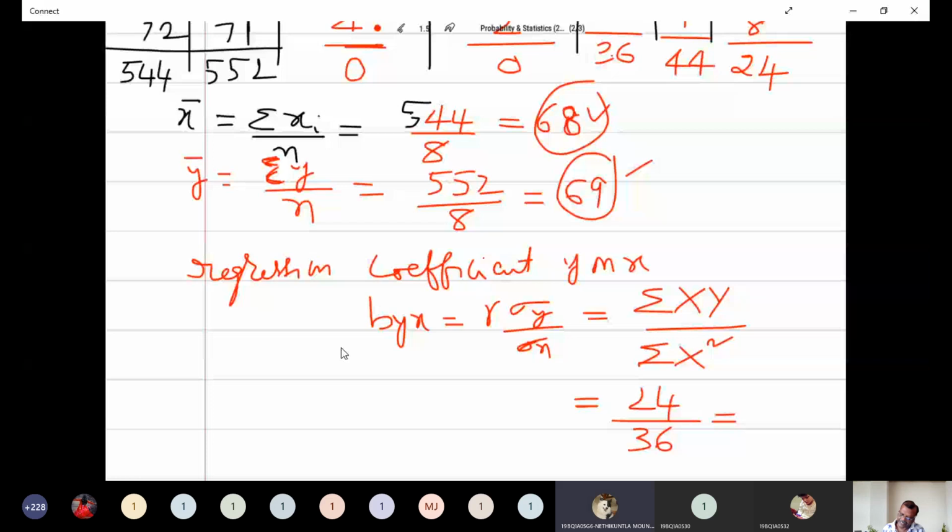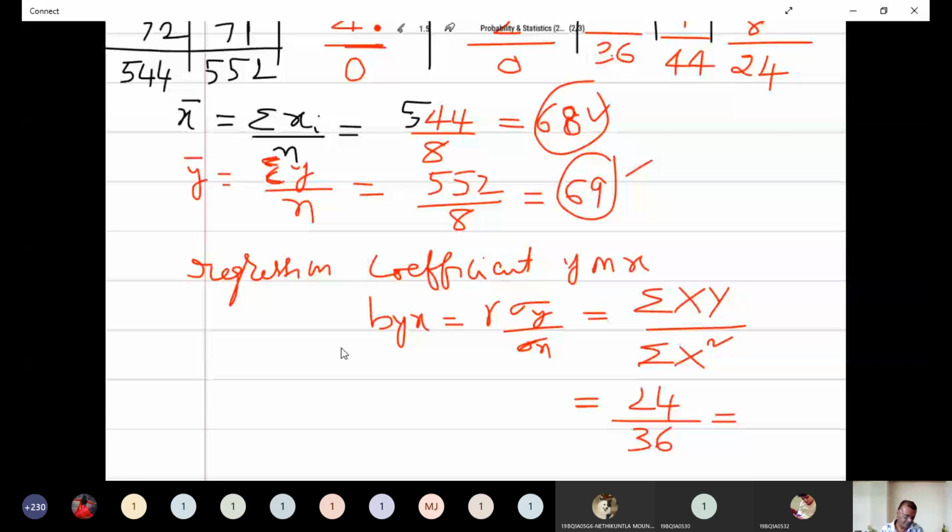Regression coefficient x on y, that is bxy, is equal to r into sigma x by sigma y, which is summation capital XY by summation capital Y square.